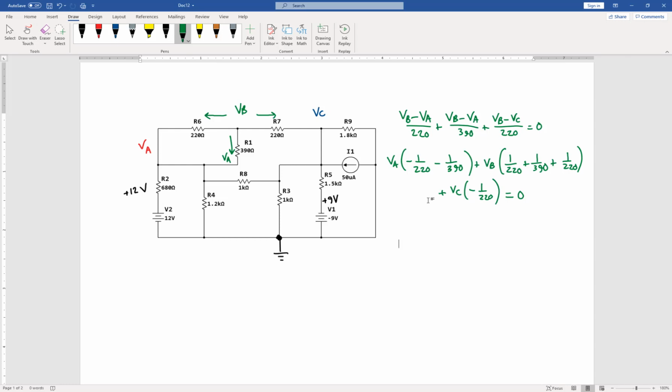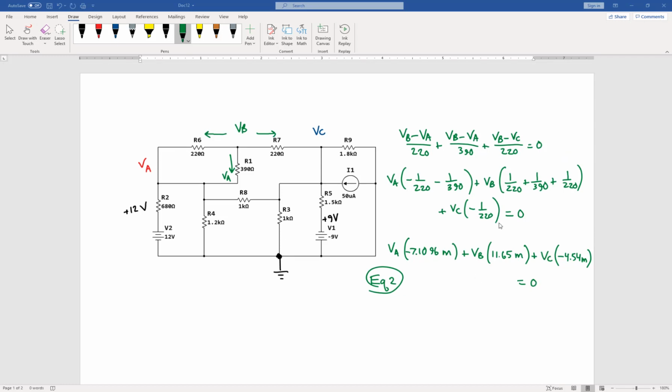And for VC, it should be negative. Yeah, so that looks good. Okay, let's get numerical values for these. Okay, so I came back with those numerical values, and this is going to be our simplified equation 2.